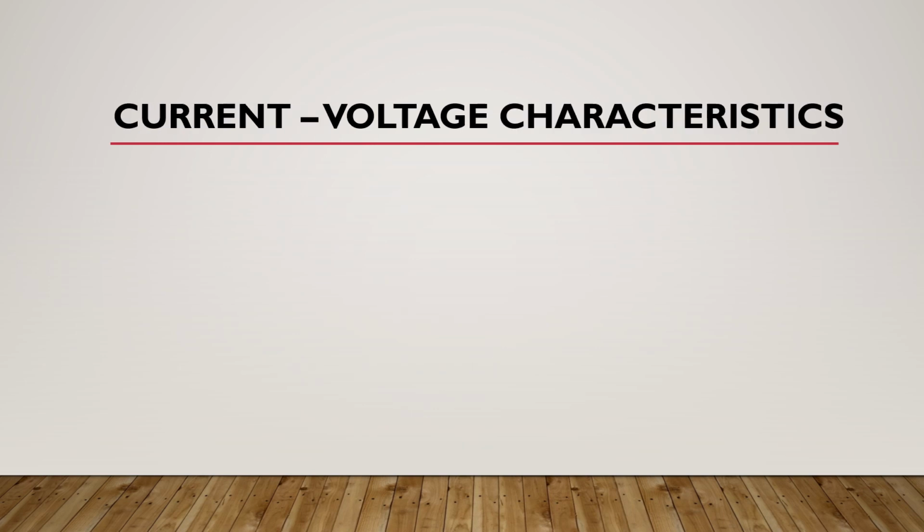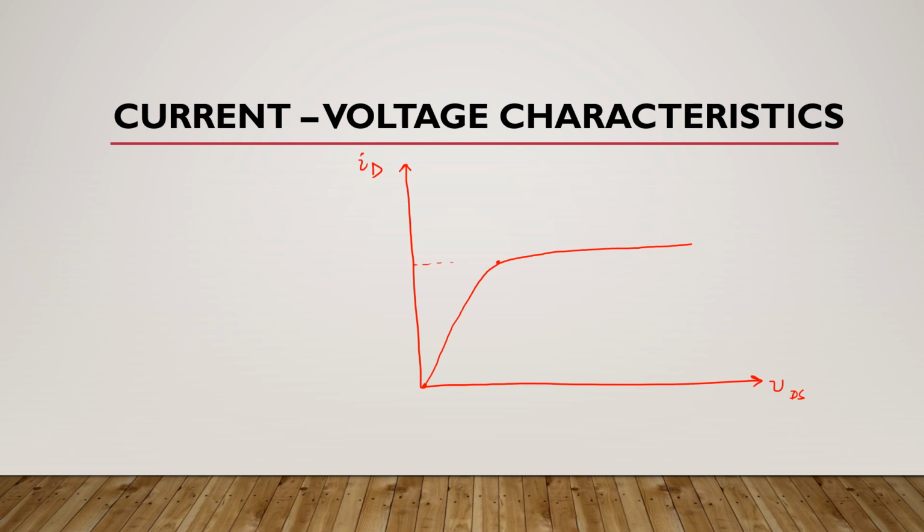Now we will understand the current voltage characteristic curve of MOSFETs. In this case, the variable of the y-axis is drain current and the variable of the x-axis is drain to source voltage. Here the curve looks like this, where the region from this point to this point is the triode region.